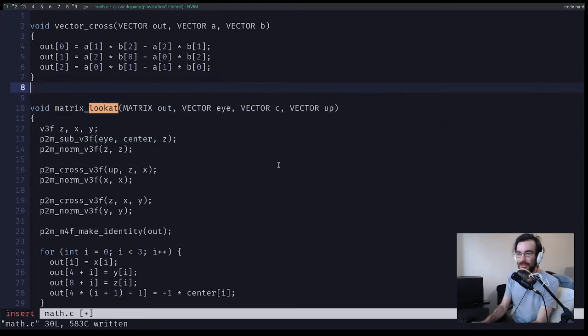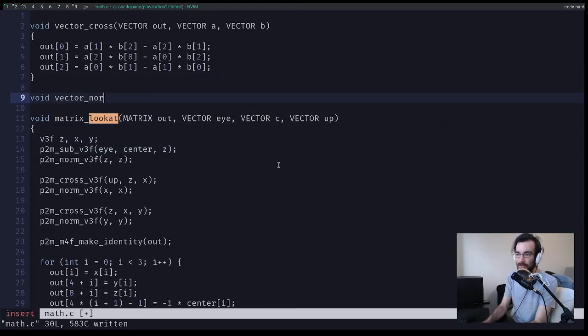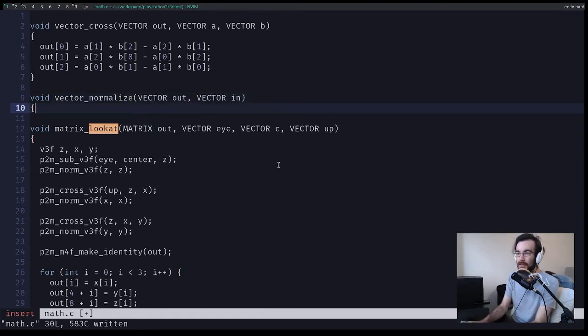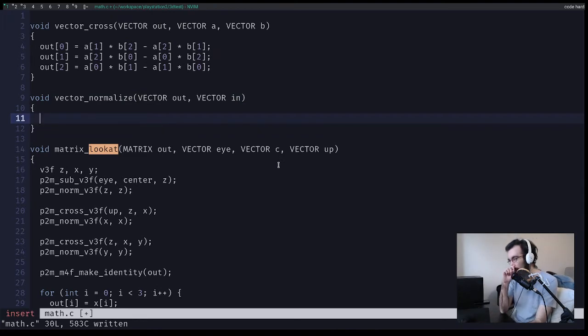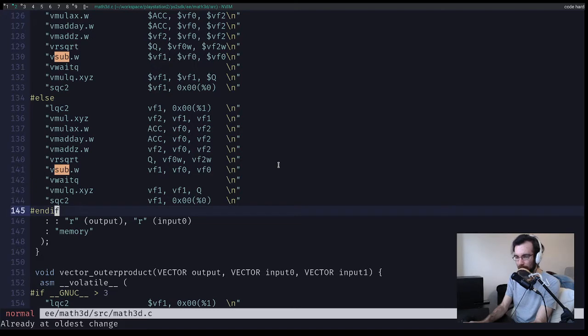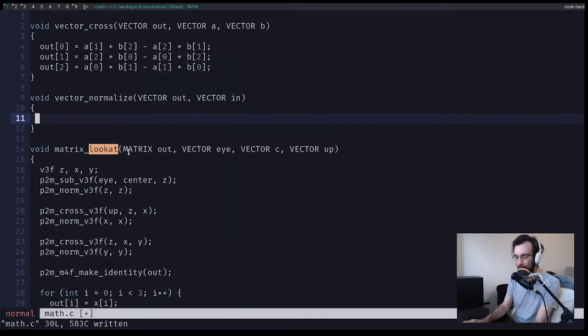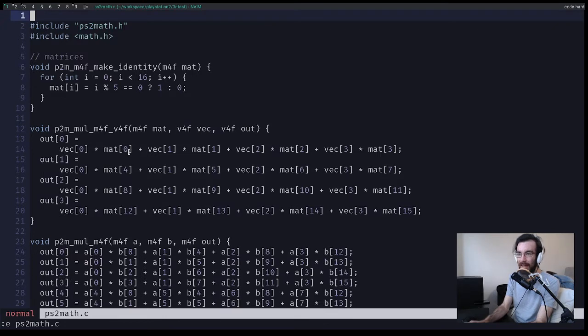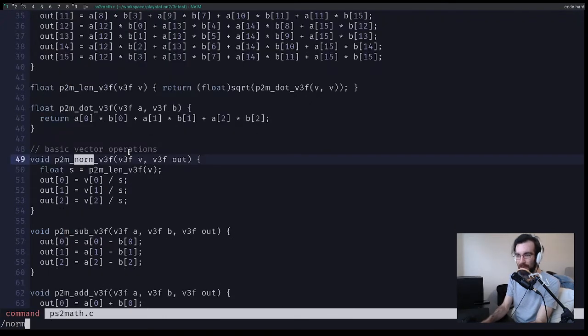So in conclusion, void vector. We need to write error normalize. Vector out, vector in. And in this case, so what? How did I do it before? Okay, again, there's probably a much more efficient way to do it here.